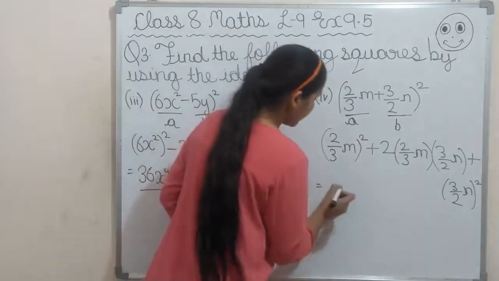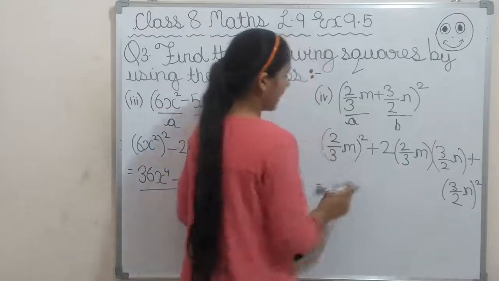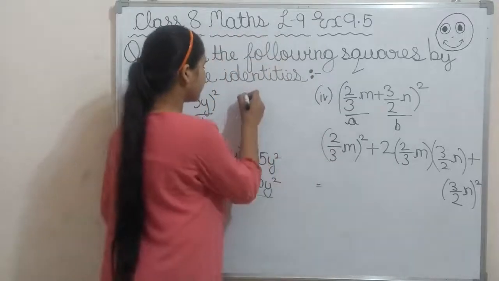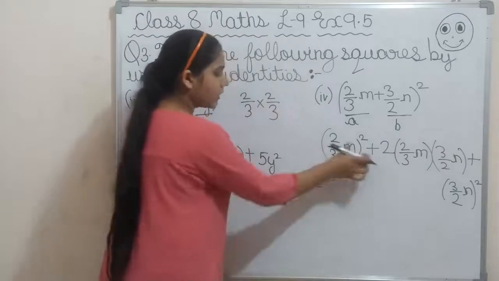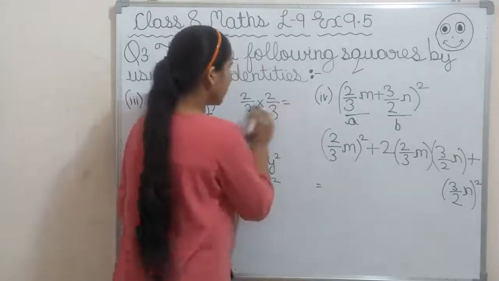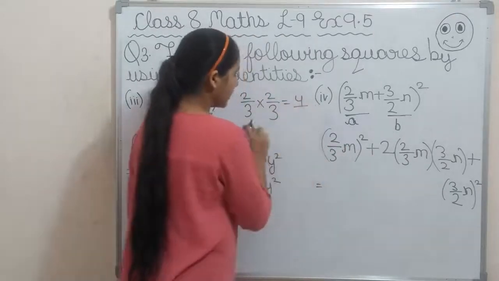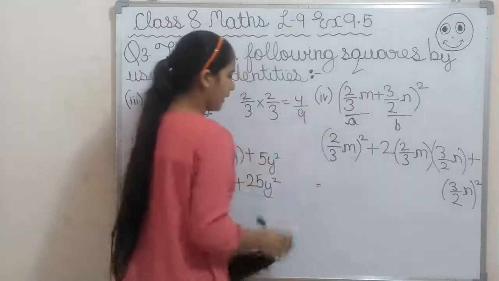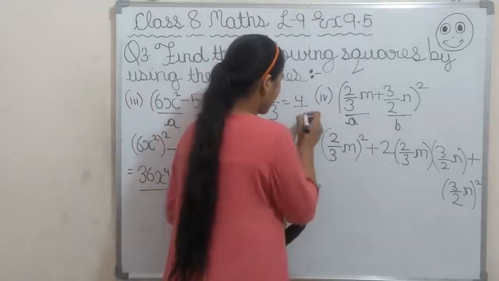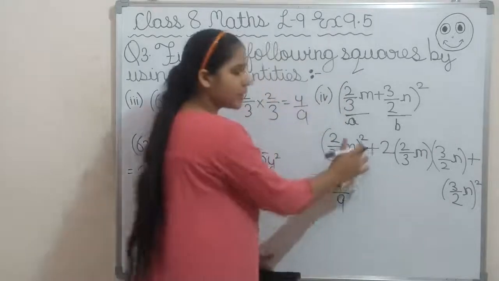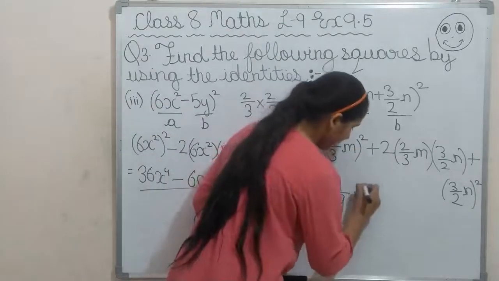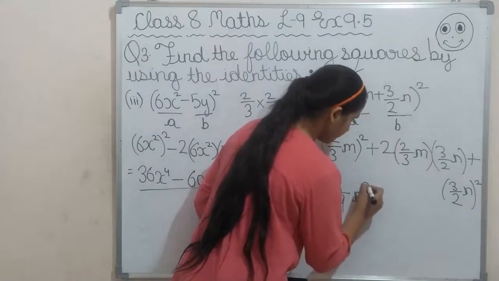So here (2 by 3 m) square, so square is here, 2 by 3 into 2 by 3. 2 by 3 square means multiply 2 times, 2 twos are 4, 3 threes are 9, means 4 by 9. So 4 by 9, and m square also.